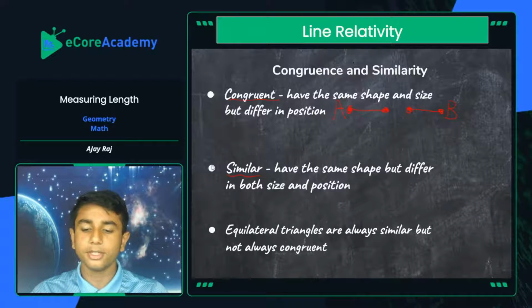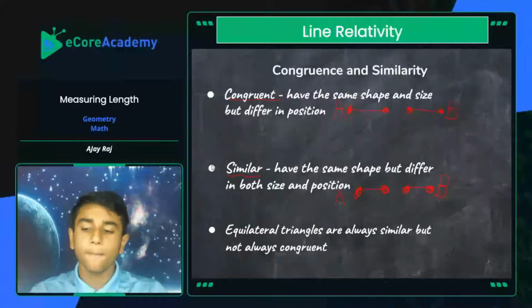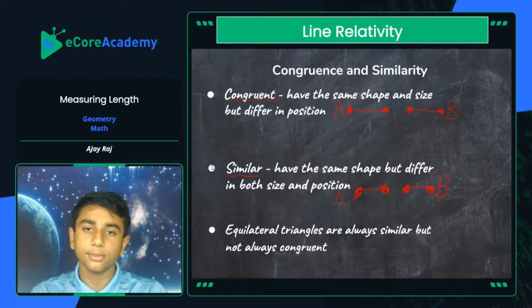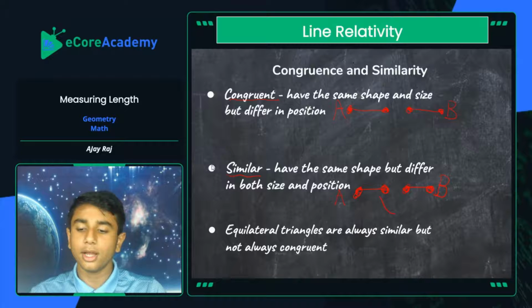Now we're going to go to similar, which is very similar to congruent shapes. Similar just means that if two objects are similar, they have the same shape, but they differ in both size and position. So say, for example, we have line segment A and line segment B, the same line segments as above. Say these two line segments are not of the same length, but since they are both line segments, they have the same shape, and since they differ in position, they would be considered similar and not congruent.